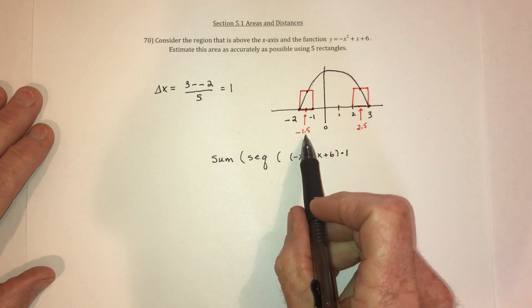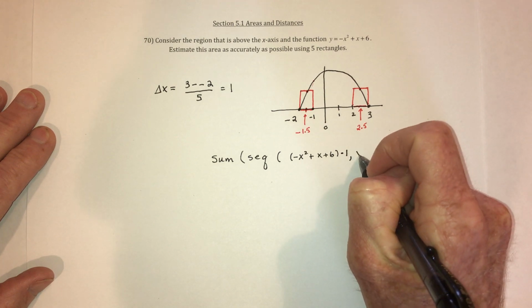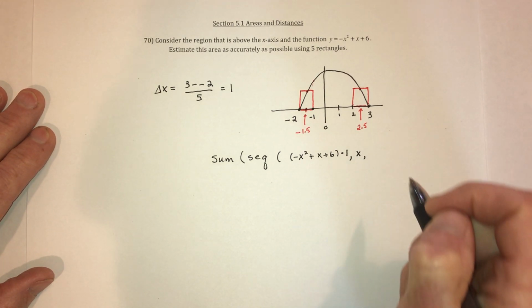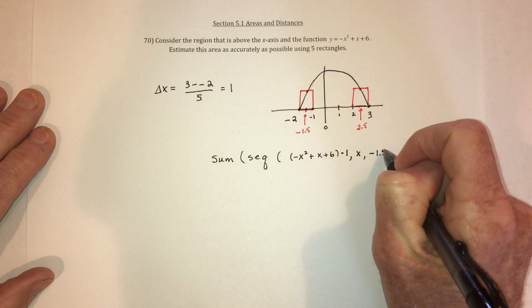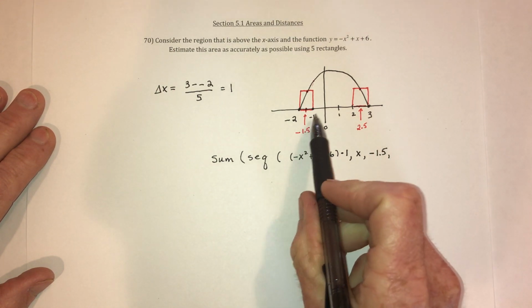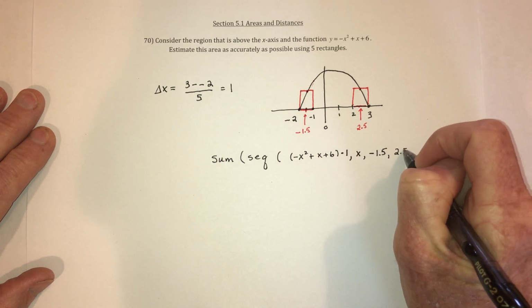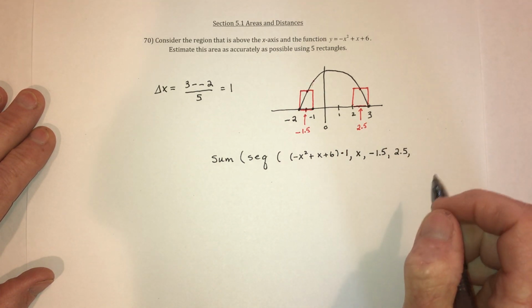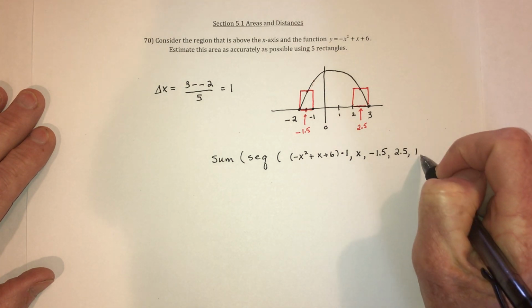And you might be thinking, well, what about the 1.5? Well, here it comes. You then say comma x, and then start at the -1.5. Keep going until you get to 2.5. And then the last thing is you need to tell it delta x.